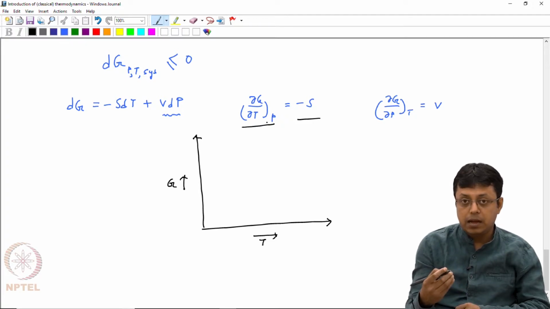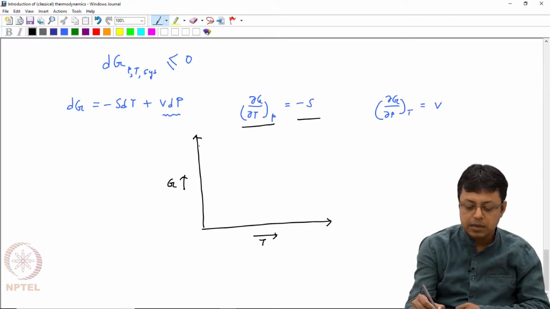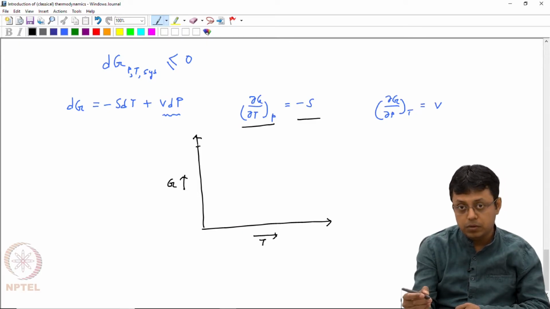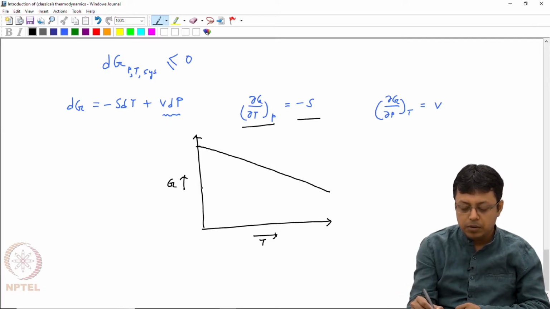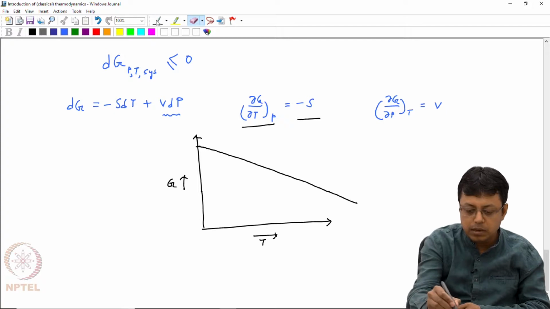Now, if we take a gaseous substance in the vapor phase, the molar entropy of the gas will be very, very high. So we'll start from a very high point compared to liquids and solids, and the decrease will also be much steeper. Compared to that, liquids start somewhere below the gaseous value.